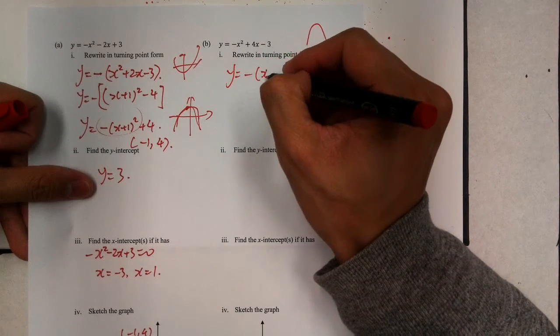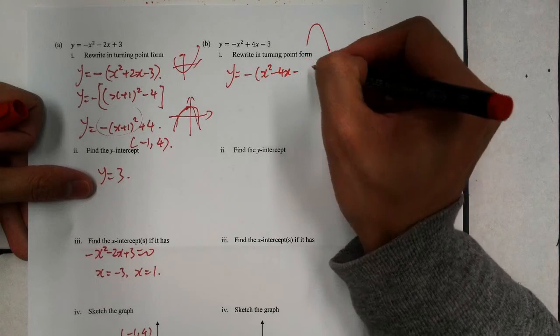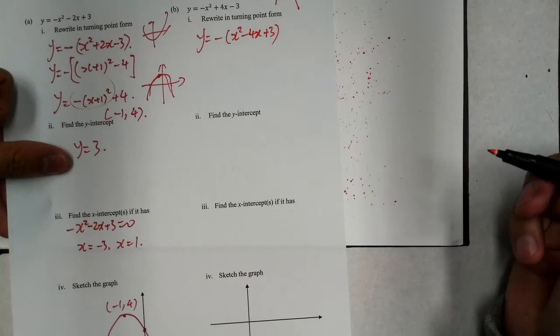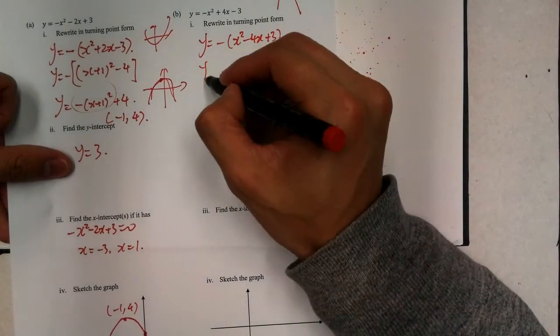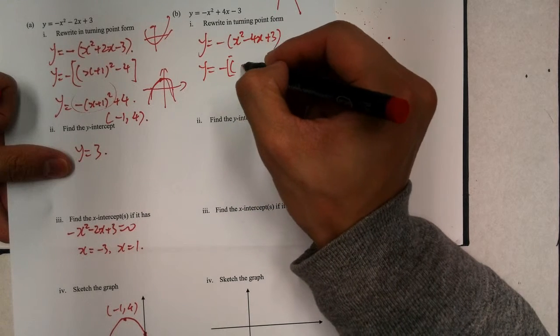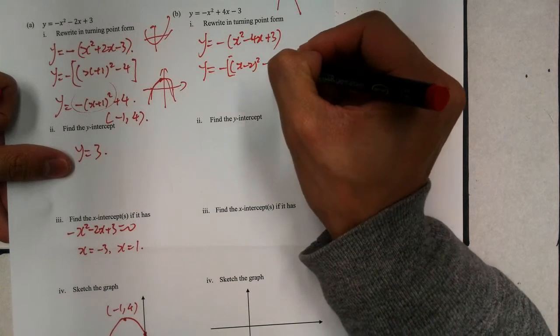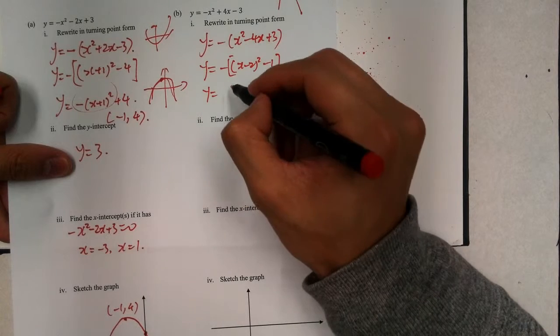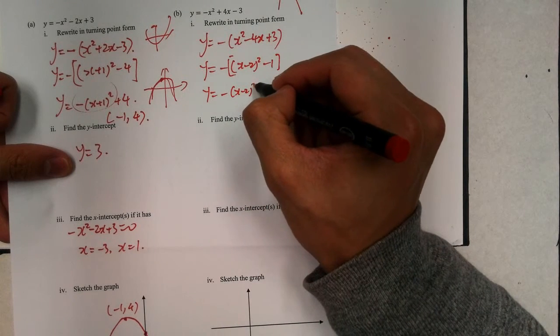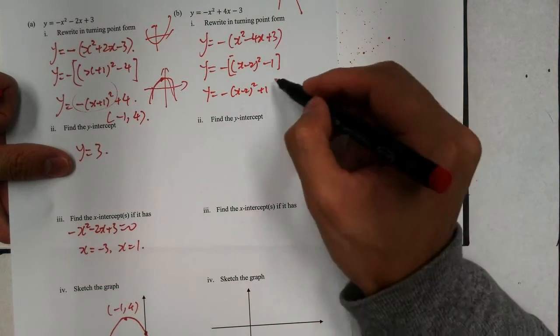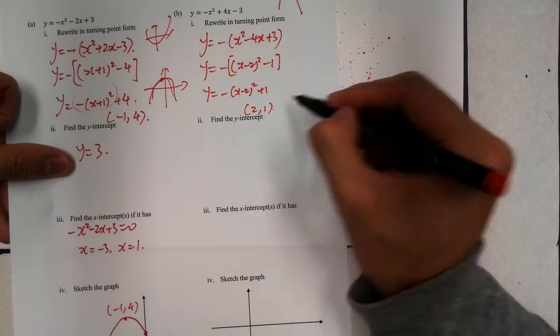But same thing, we need to factorize it first. Otherwise we can't complete the square. So after completing the square, we have y is equal to negative (x minus 2) squared plus 1. So the turning point is 2 and 1.